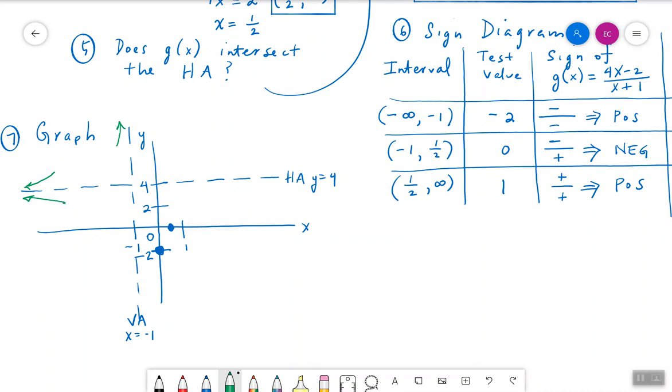So if this part out here were correct, then we would have to have a point where we cross the horizontal asymptote to get to this arrow up here. And we don't have that. And so most of this is junk, and we can erase it.